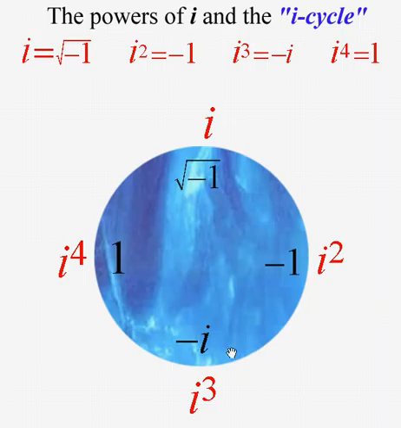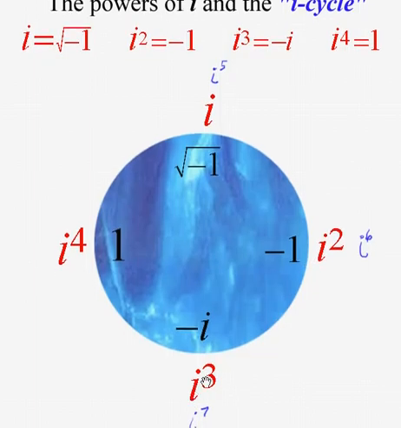And it turns out this pattern repeats over and over and over in what I call an icicle, which is why that looks like an icicle there. So we're replacing the square root of -1 with i. i squared is the same as -1. i cubed is the same as -i. i to the 4th is the same as positive 1. i to the 5th is the same as i to the 1st. i to the 6th is the same as i squared, which is -1. i to the 7th is the same as i cubed, which is the same as -i.